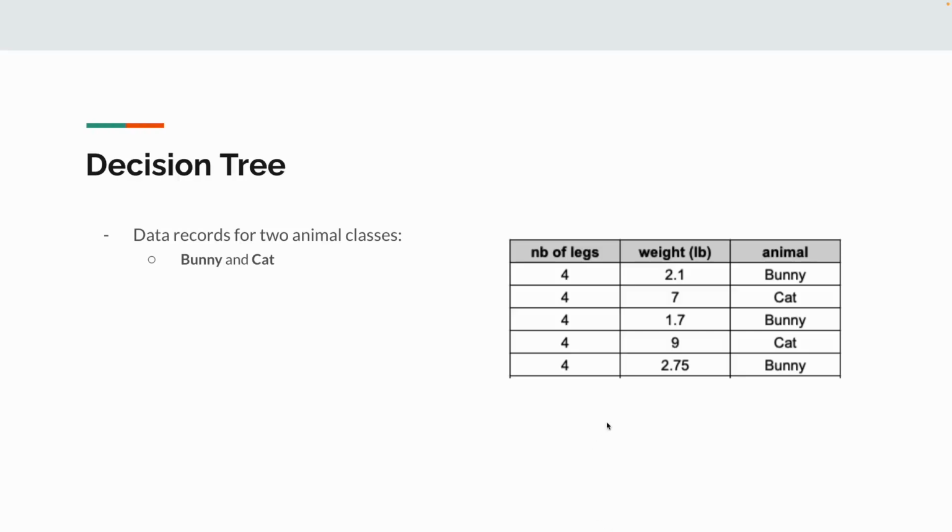Let's say we are given these data points, and the data points are mainly about two classes of animals, bunny and cat. The features are number of legs and their corresponding weight. We have to learn a tree-based model that will be able to classify a new incoming data point.